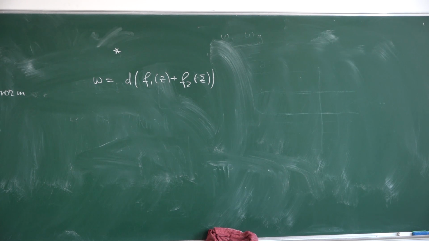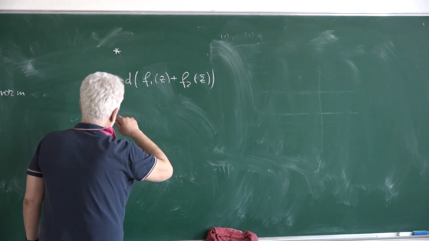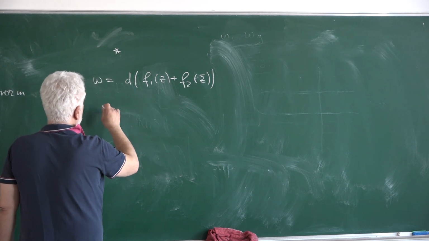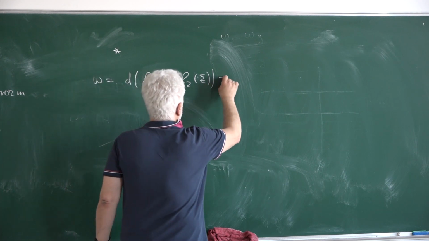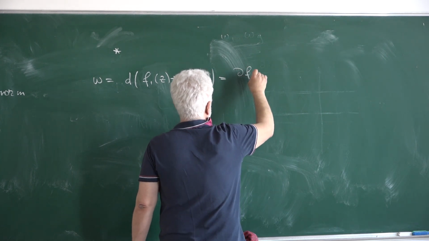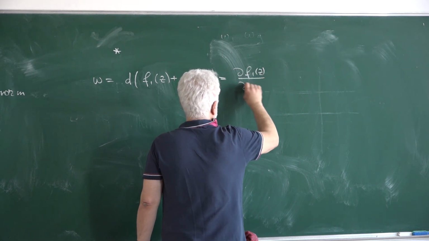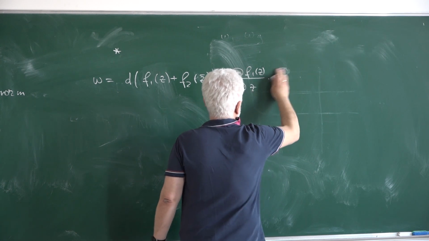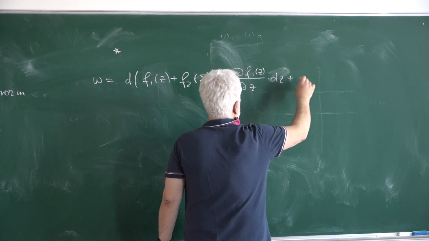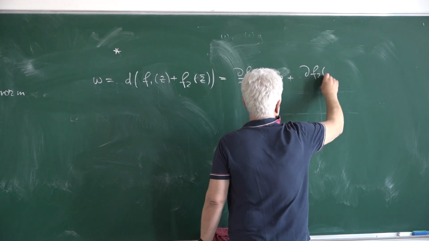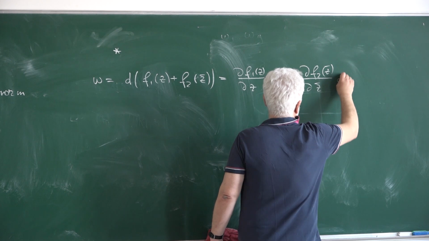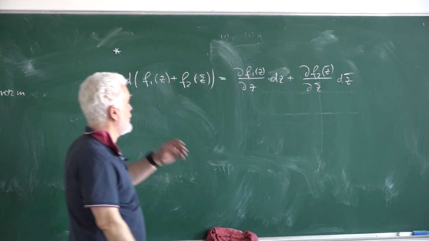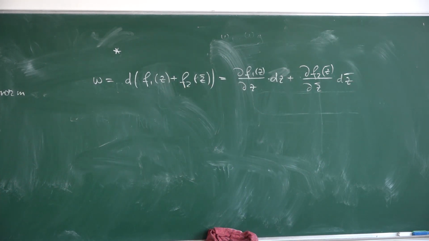A harmonic form finally has a representation like this. Of course, you see that the form is automatically closed, a closed form.